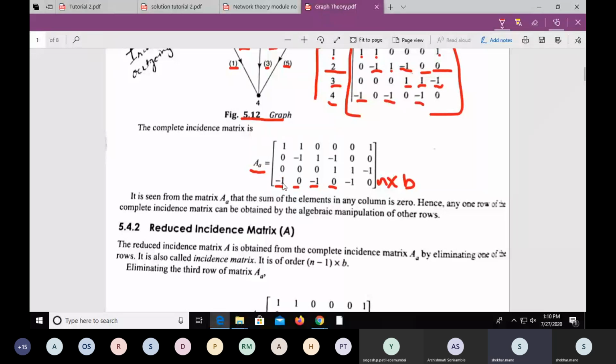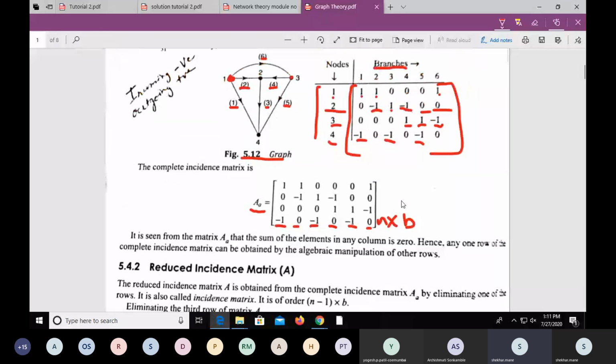See, 1, -1, 0, 1, -1, 0. If you take the sum of each column, you will get 0. So have you understood this? Yes, sir.